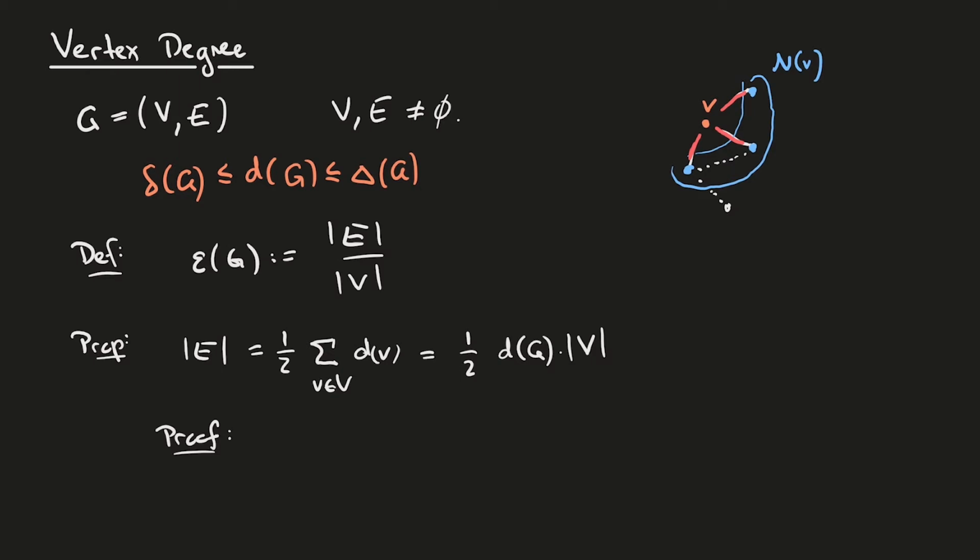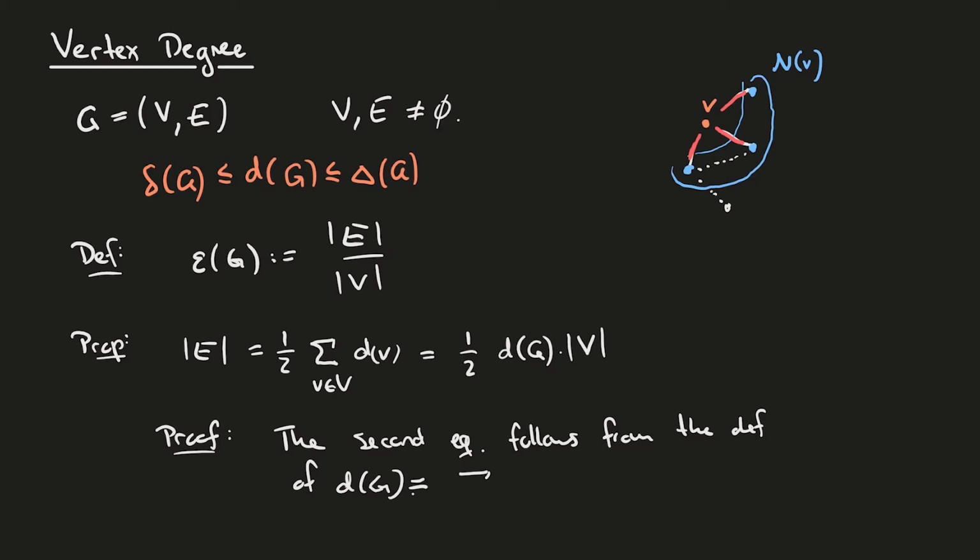Note that the second equality follows by definition, since we've defined the average degree as the sum over all degrees of vertices divided by the cardinality of the vertex set.